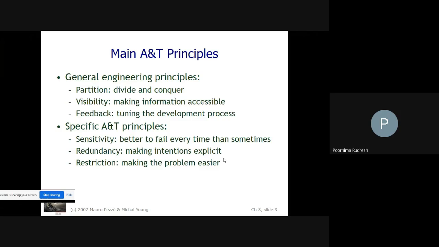Mature engineering disciplines are characterized by basic principles. Understood? Mature engineering disciplines are characterized by basic principles, and these basic principles provide a rationale for defining, selecting and applying the testing techniques and methods. So why do we require these basic principles?